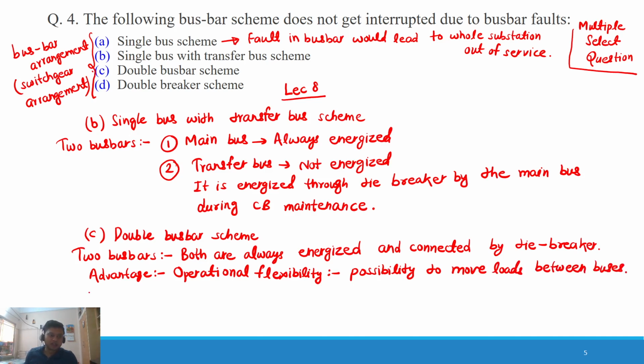And the last option is B, double breaker scheme.